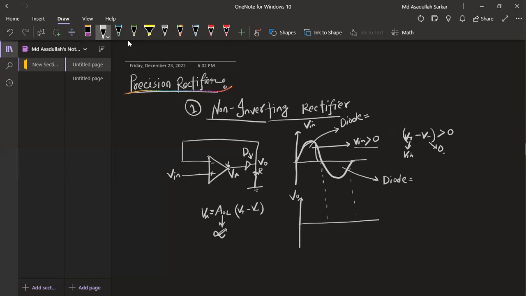As we know, Vx is equal to the open loop gain multiplied by the voltage difference. Because AOL is infinite and the difference is positive, Vx will be plus infinite.